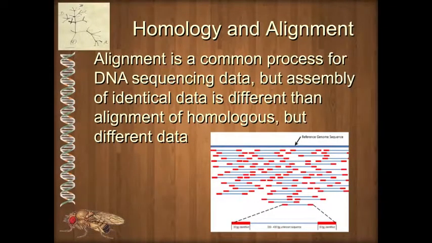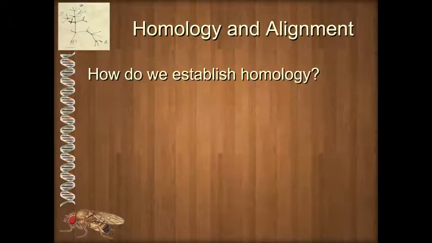So the idea of aligning sequences that all come from the same genome is related, but not quite as complex as aligning sequences from different species, especially as those sequences become more and more divergent.